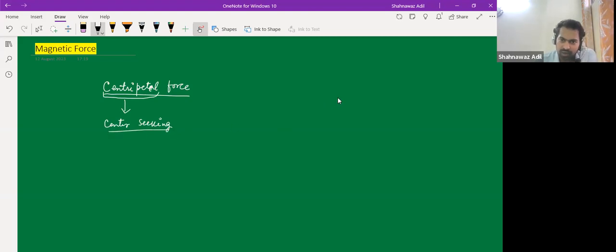So you have a certain motion, and the acceleration is always, let's say this is the center, the acceleration is always towards the center.